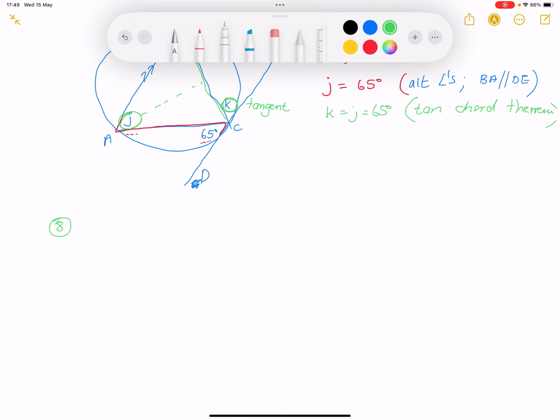So for number 8, I have this. That's not a nice circle, eh? And I have this, and I have this. Now that is O1. That is 150 degrees.